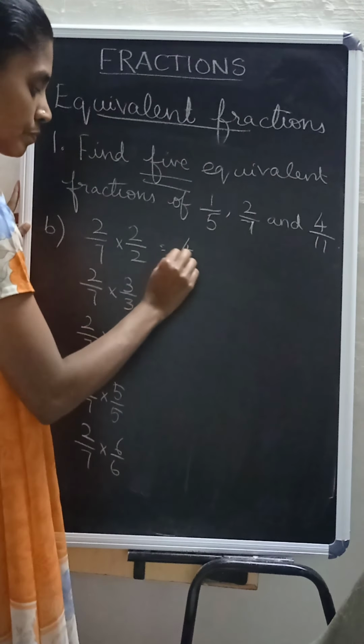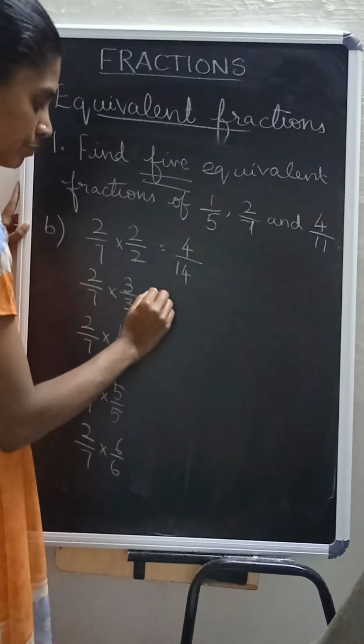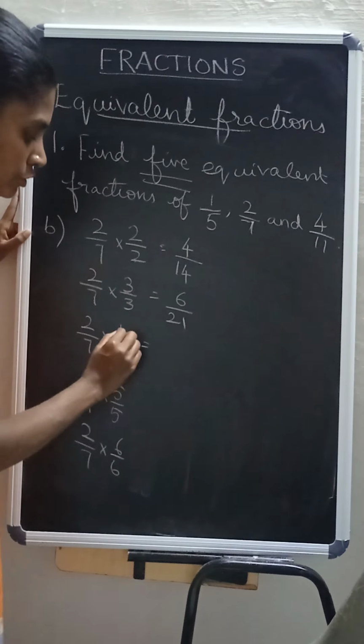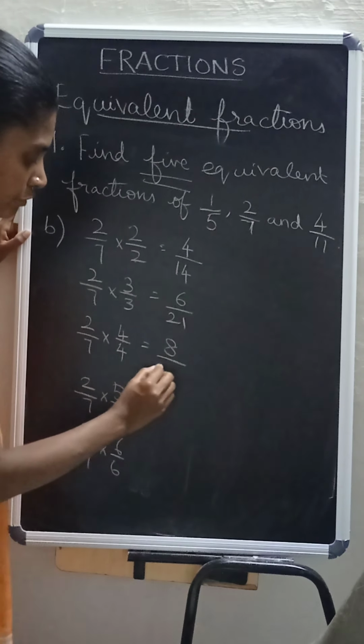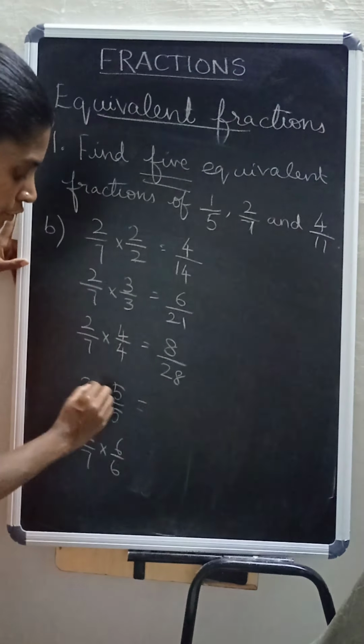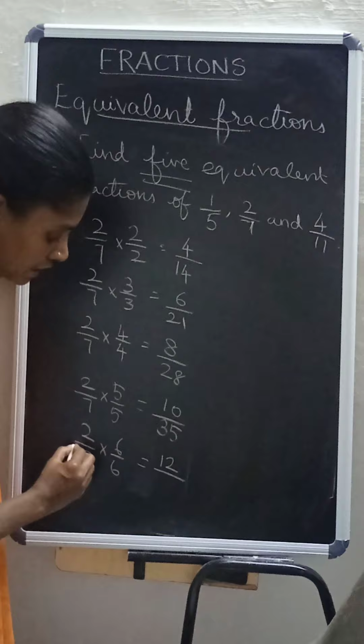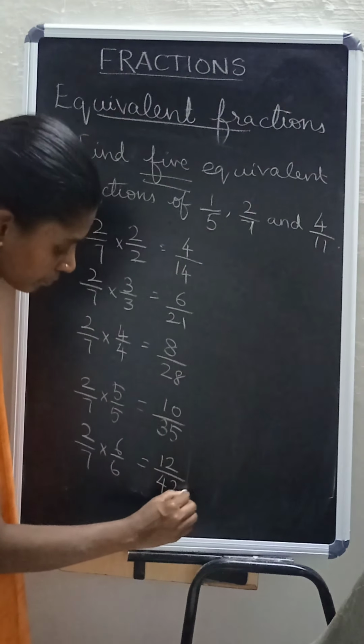2 2s are 4, 7 2s are 14, 2 3s are 6, 7 3s are 21, 2 4s are 8, 7 4s are 28, 2 5s are 10, 7 5s are 35, 2 6 are 12, 7 6 are 42.